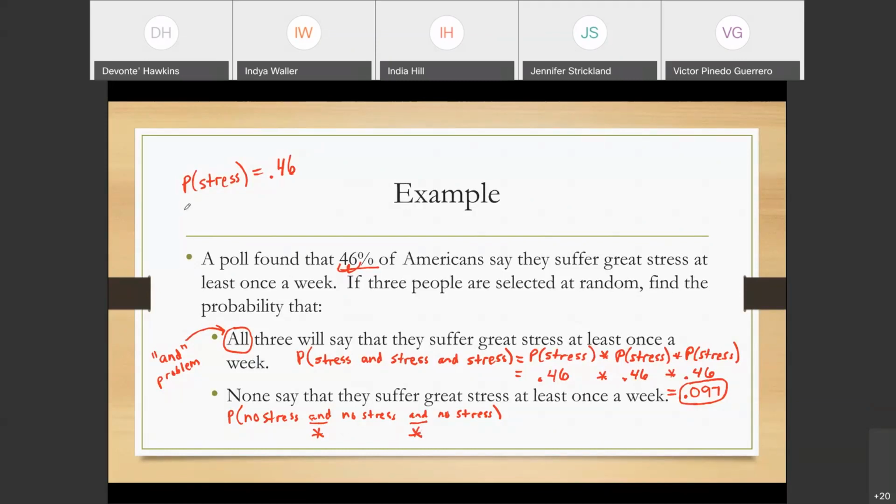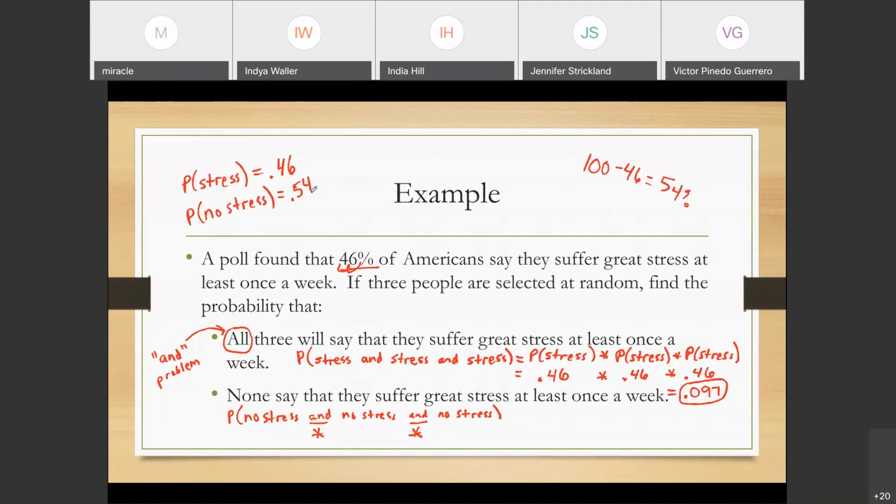Do you know how to figure out how many would say they're not stressed? Do you subtract 46 from 100 to get the rest of the percentage? Perfect. So 100 minus 46 is 54, and that's the percent of people who say that they're not stressed. So I'm going to put 0.54 up here, and then use that in my problem.